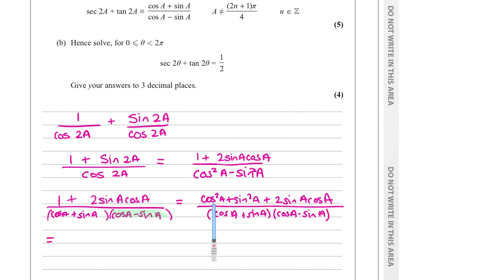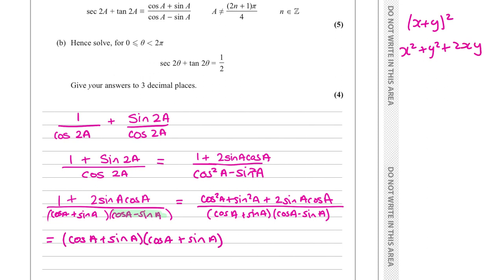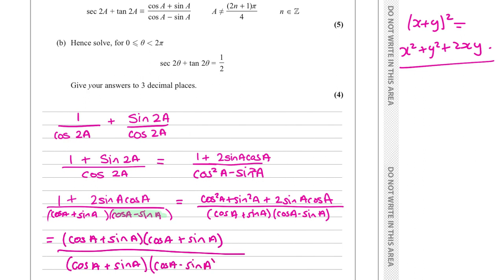We have squared terms and then 2 lots of them multiplied together, so this is the same as cos a plus sine a multiplied by cos a plus sine a. It's cos a plus sine a squared if you think about it. If you had x plus y and you square it, you're going to have x squared plus y squared plus 2xy. Okay, it's using that. All of this is over cos a plus sine a, cos a minus sine a.